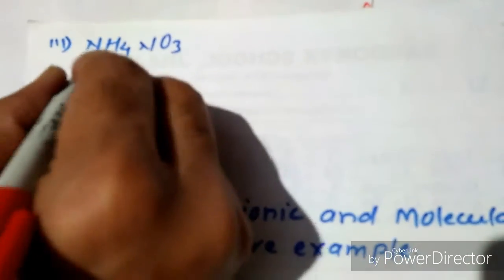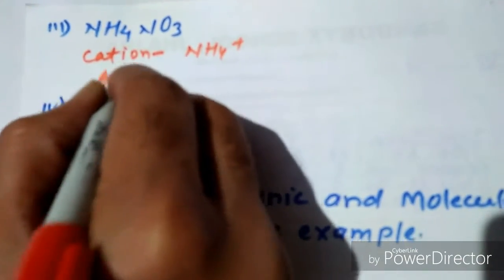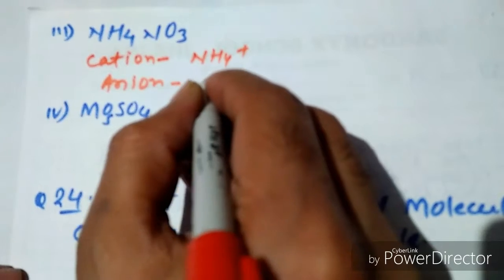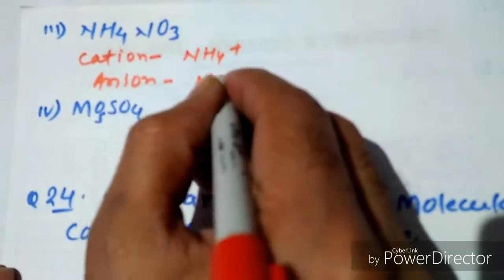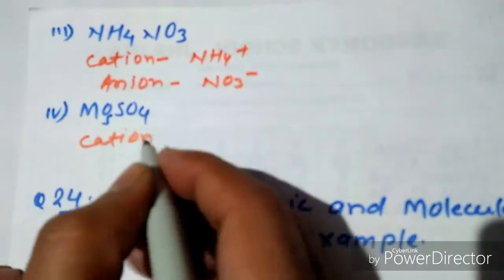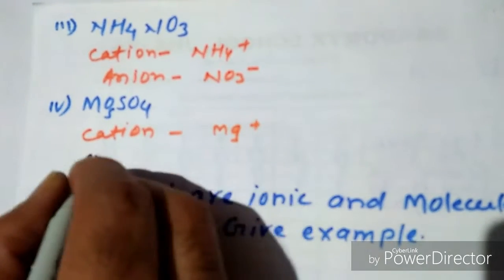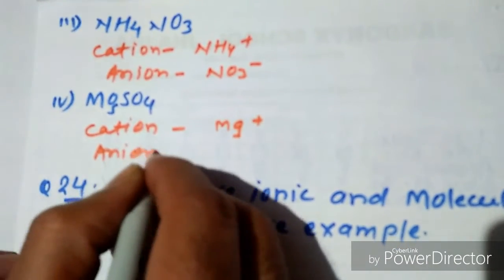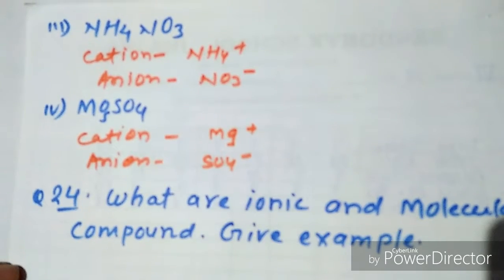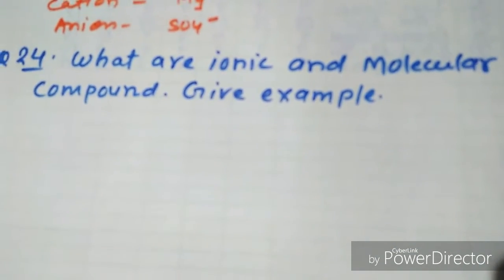Next question is NH4NO3. Cation is NH4 and anion is NO3. Present in MgSO4, Mg is cation and anion is SO4.